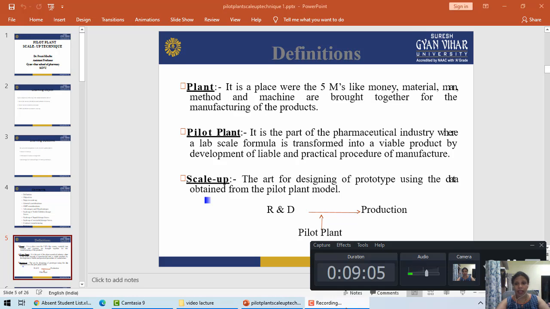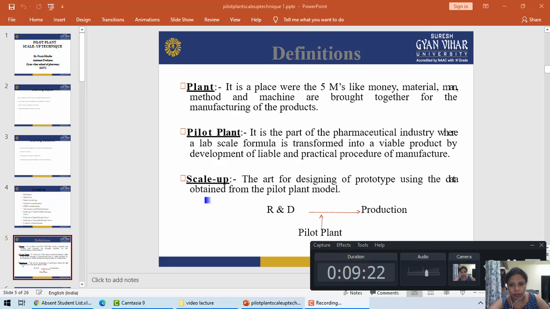In between, in the pilot plant, there is a middle capacity tablet punching machine, so that we can optimize the formula according to the large scale. Basically this is the pilot plant.